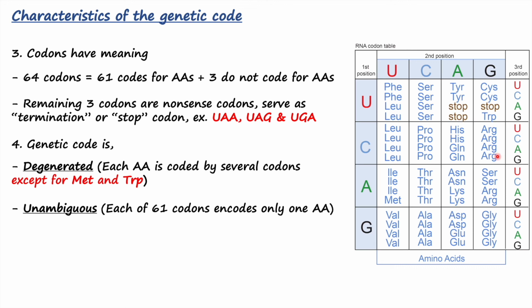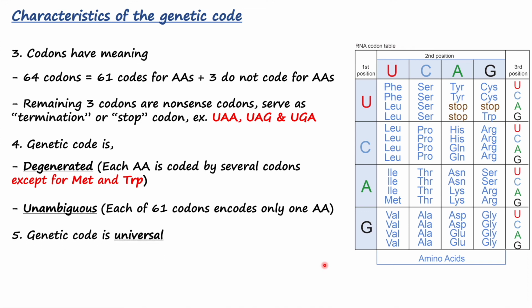It is not going to code for any other amino acid. So each of the 61 codons encodes only 1 amino acid, and degenerate means each amino acid is coded by several codons. So hope you understand this. It's a little bit confusing, but at the same time it is also very simple to understand.